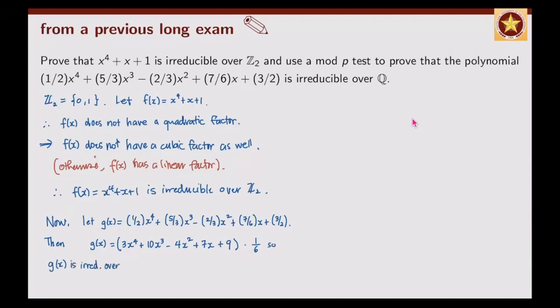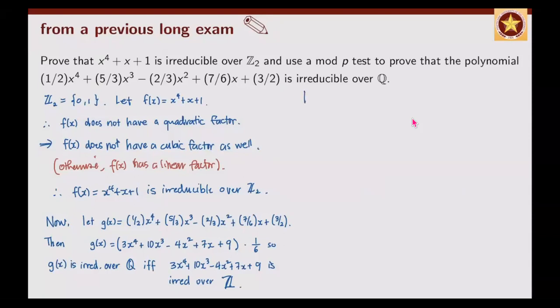over Q if and only if the integer polynomial, this, is irreducible over Z sub p or over Z. Just like that for now. And then, since the coefficients are now integers, this is the time to use the mod p test.